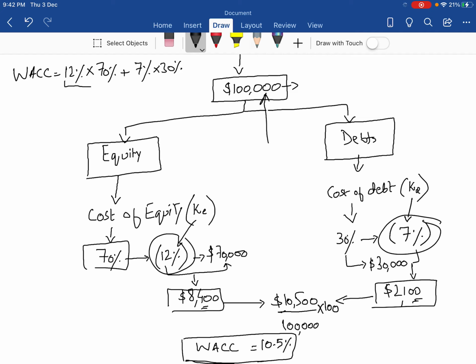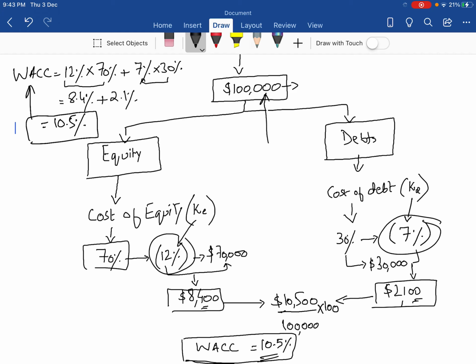So take 70% of the 12, which will be 8.4%. Then take 30% of the 7, which will be 2.1%. And if we add both, it's going to be 10.5%. That's your WACC, the same one which we calculated here. So this is how we calculate weighted average cost of capital.